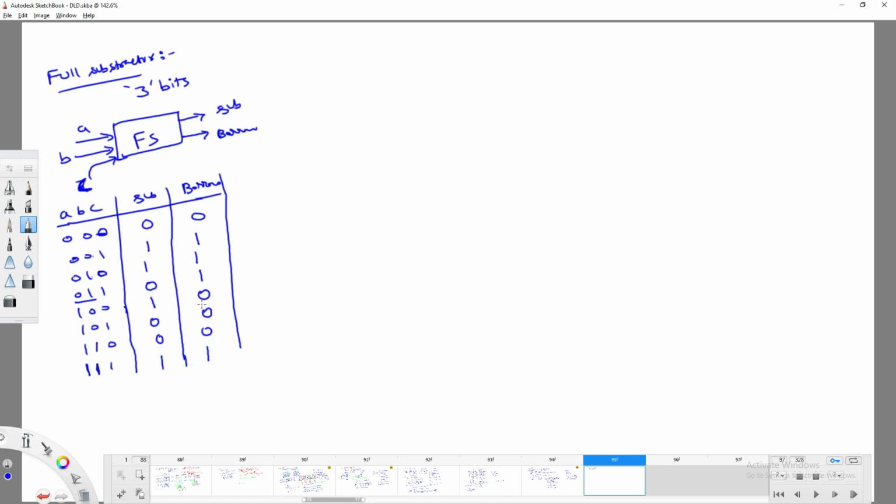Right? Now from this one, if you are going to construct the circuit for this, meaning that we need to first minimize this expression, right? So basically you can do the minimization with the help of K-maps.